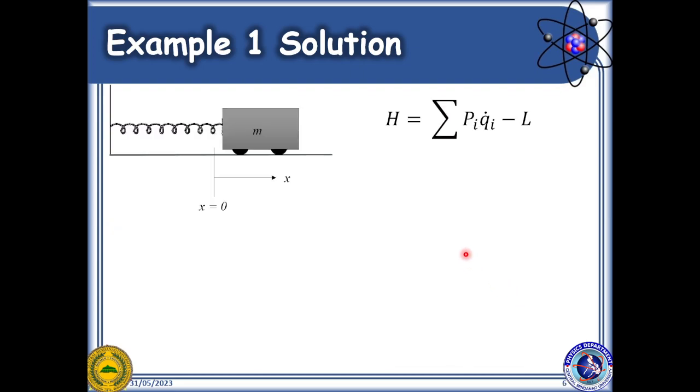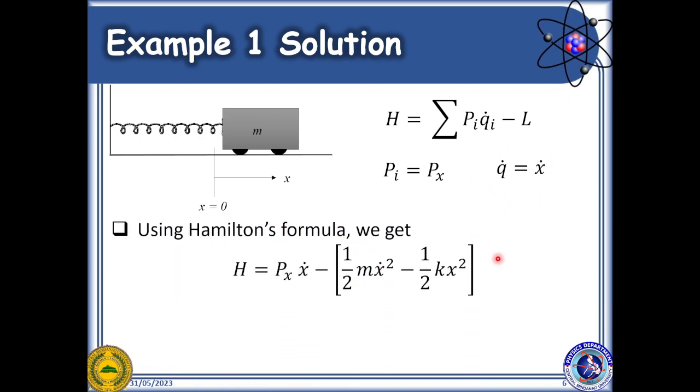We can use the general form of the Hamiltonian, where H is equal to the sum of pi times q dot i minus the Lagrangian L, where pi is equivalent to px and q dot is equivalent to x dot.